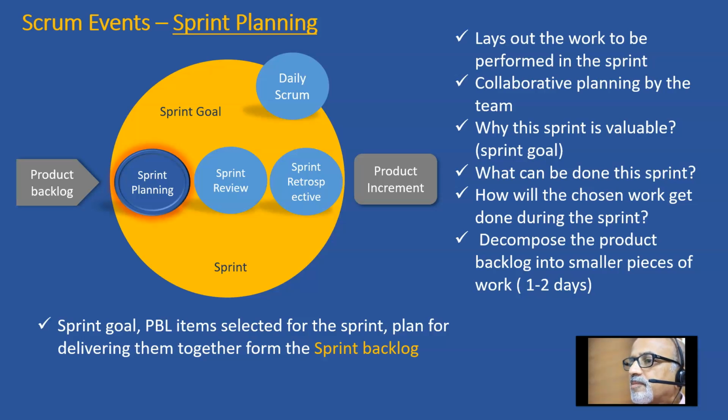But based on my experience, I've never seen a sprint planning meeting getting over in less than 4 hours. Even if the sprint duration is 1 week, it is still going to take 4 hours minimum. But what is recommended is that even for a 30-day sprint, the sprint planning meeting should get over in 8 hours.